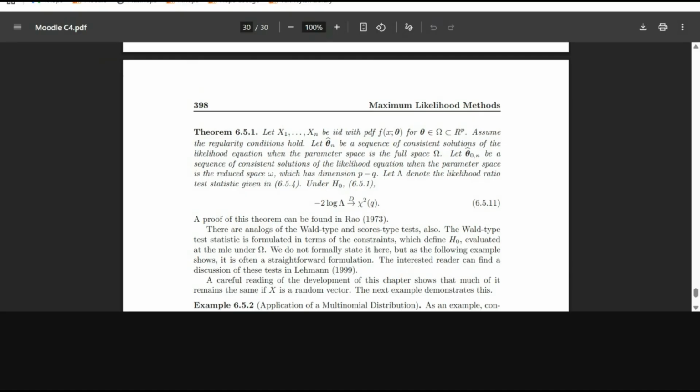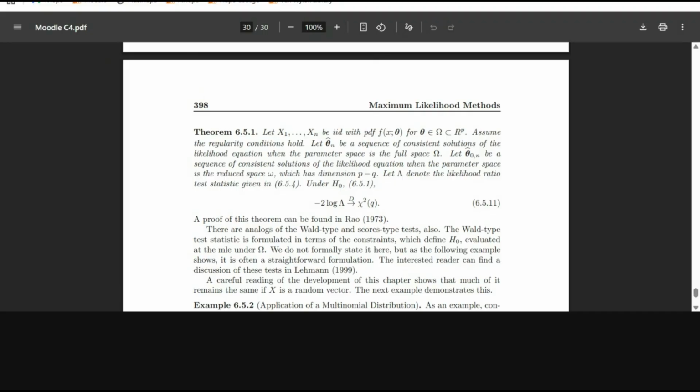What's the dimension of a set which is just a dot? 0. What's 1? I can't believe I'm saying this. What's 1 minus 0? 1. That took too long. 1 minus 0 is 1. So Q, in the case of the problem we have just done, is 1. Because that's the difference in dimensionality under the null versus the alternative. Am I making sense? Yes.